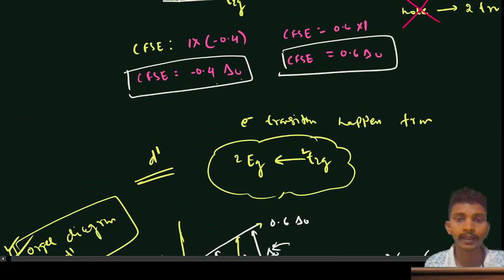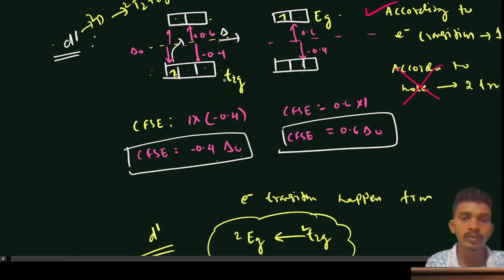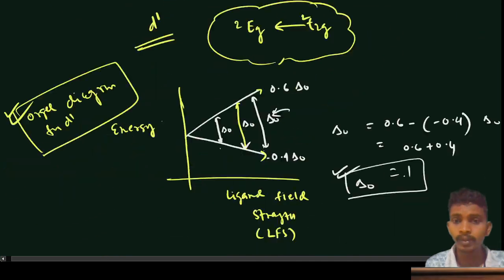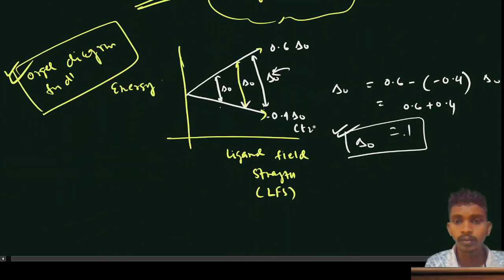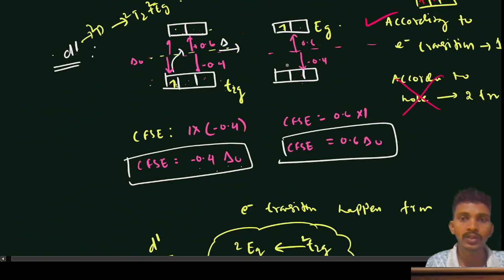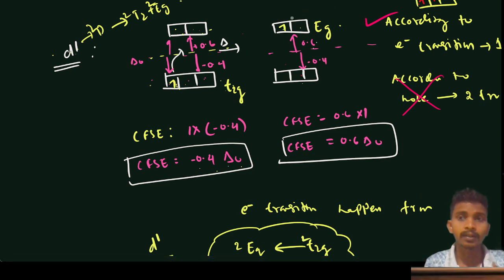How will you say which is eg and which is t2g? Here you see that the t2g value is minus 0.4 delta naught, meaning the t2g value is down. And the eg value is 0.6. This 0.6 value is for the doubly degenerate state, and t2g represents the triply degenerate state. So this is the eg value, and this is the t2g value.